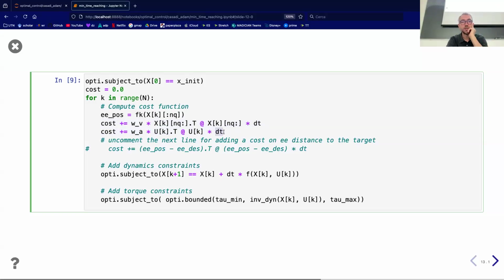One thing to remember, dt should also scale the running cost. Because typically, when dt is fixed, we don't need to have dt in the running cost. But now that dt is a variable, I need to account for it even in the running cost, because I'm integrating a continuous time function using an Euler approximation.